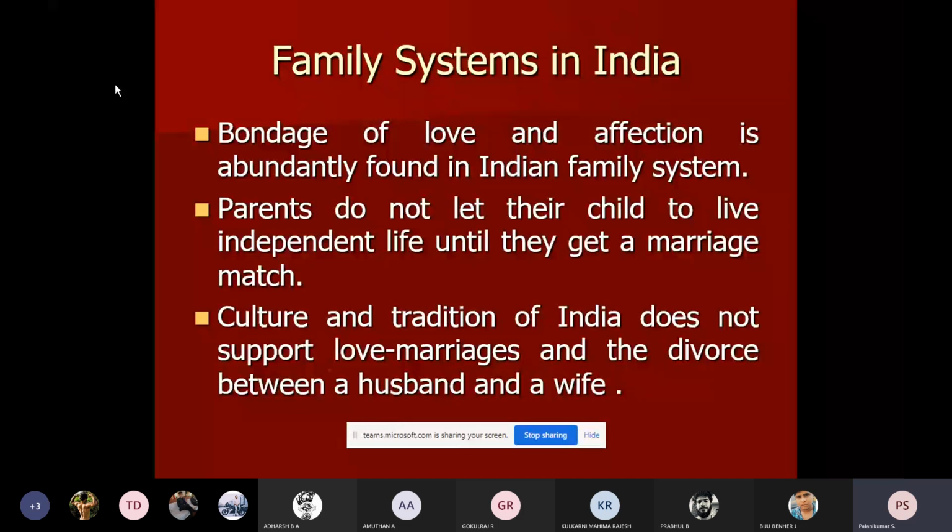children are able to grow well and accomplish their dreams, and afterwards they take care of their aged parents also. Such a system we cannot see in all countries and all traditions. Also, the culture and tradition of India did not support marriages out of affection and divorce and all, earlier.